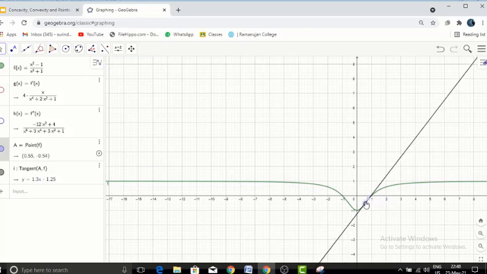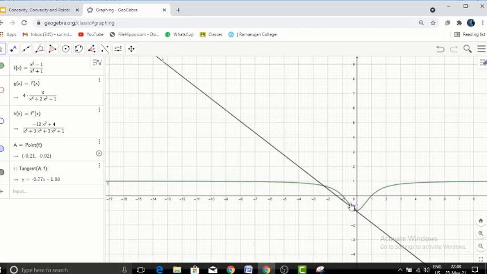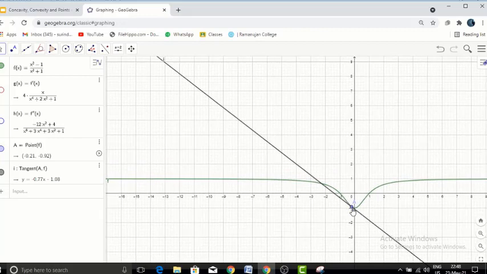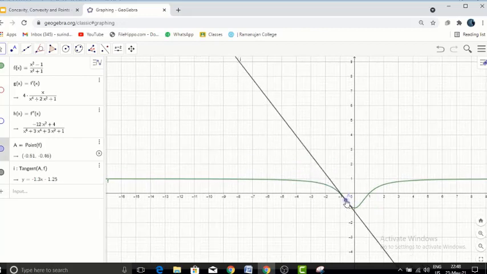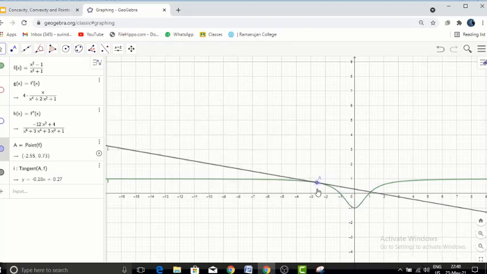This is nearly 1 by under root 3, and in this branch, the curve is concave upward, and as we move away from minus 1 by under root 3, the curve again becomes concave downward. So here and here we get the 2 points of inflection.